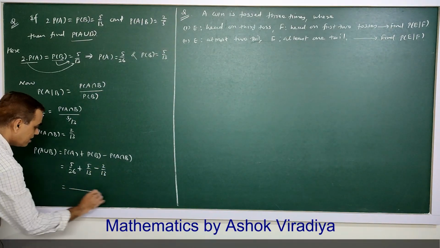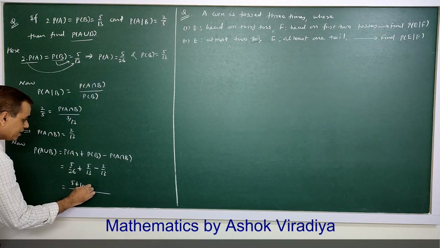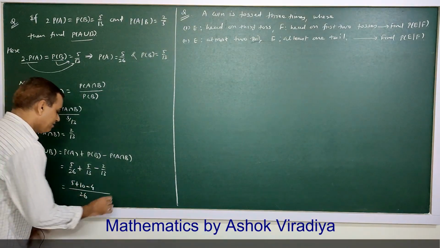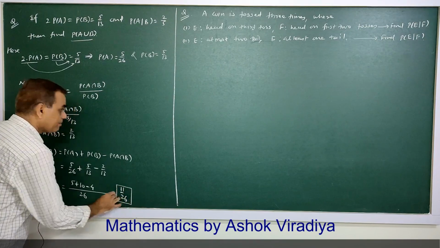So this is LCM is 26, 5 plus 10 minus 4. So it is 11 by 26. This is required probability.